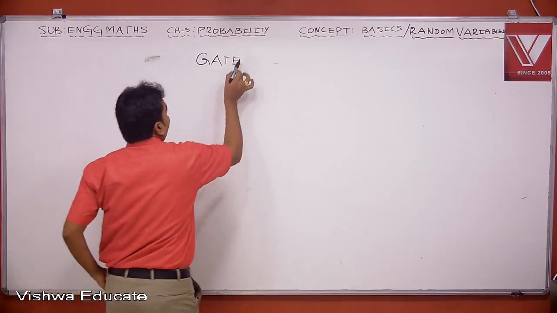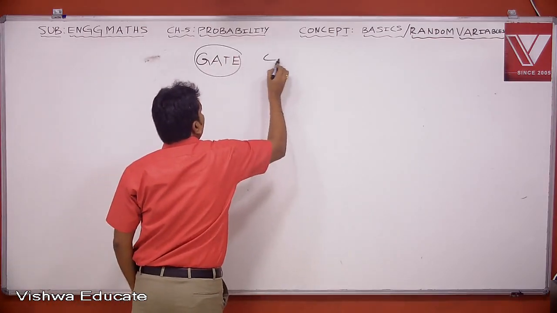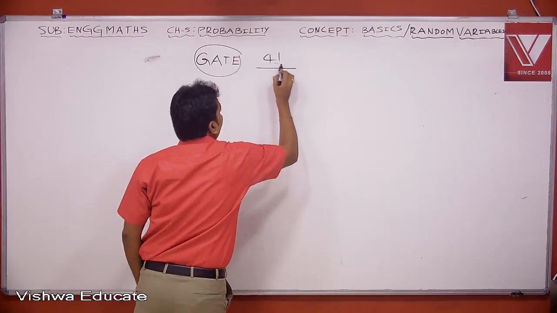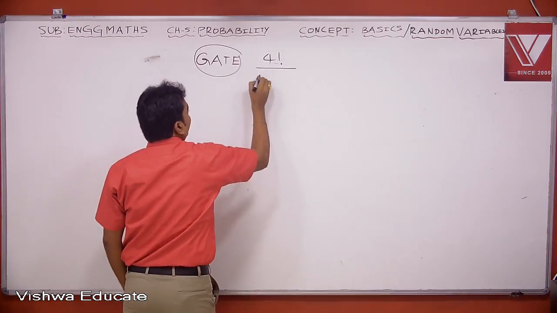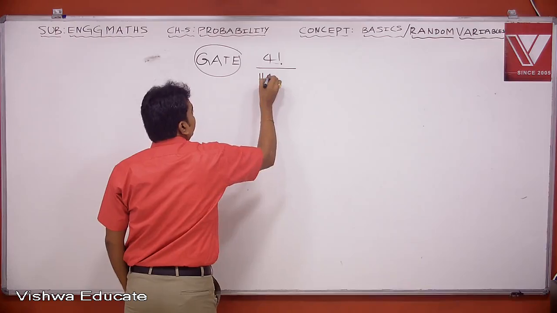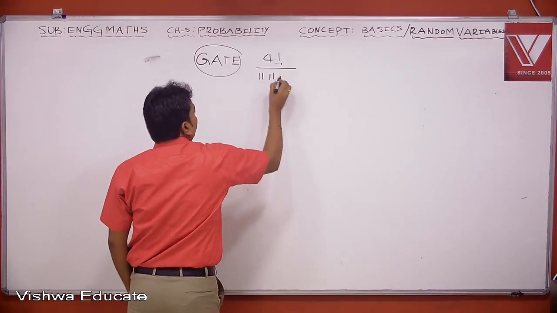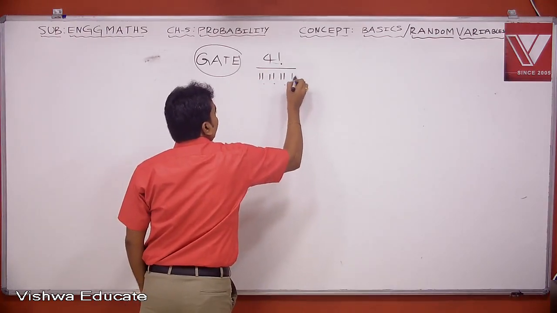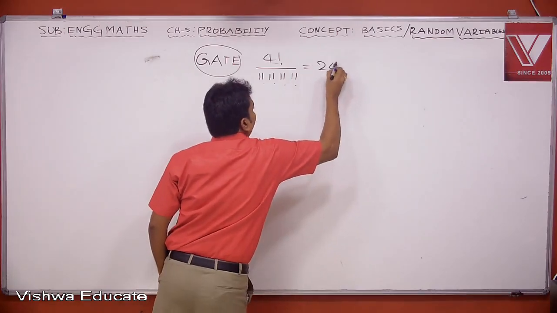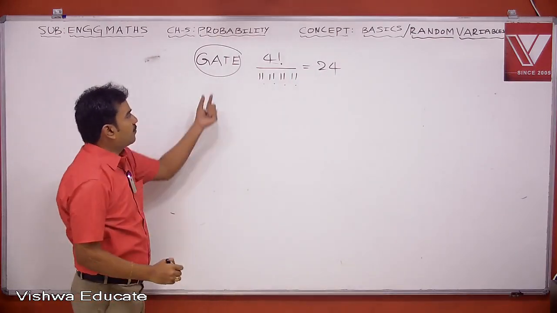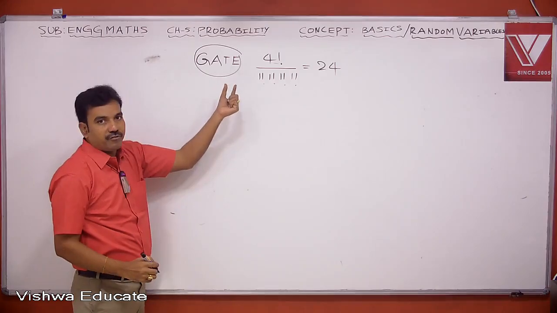So the total number of symbols in this case is 4 factorial divided by, here the symbol G is repeated only one time, A one time, T one time and E one time. So the total number of arrangements of letters of the word GATE is 24.